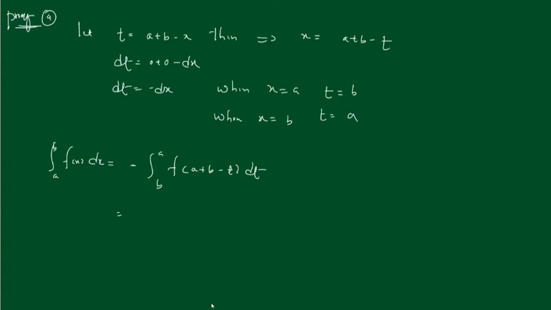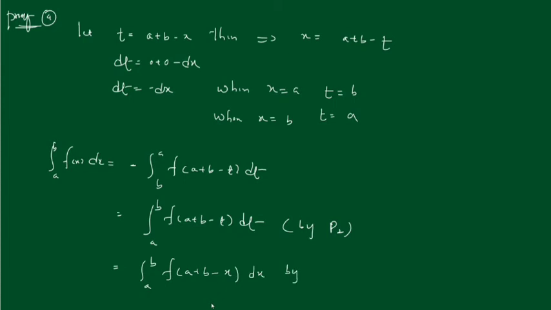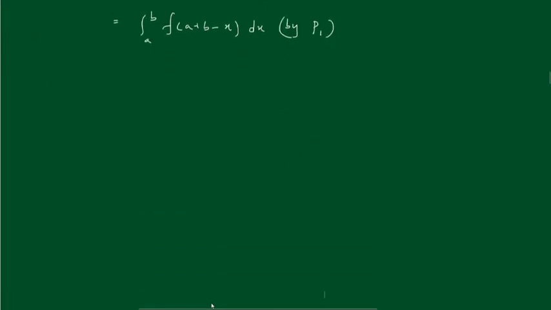So again, which equals, interchanging the limits here, the sign changes, f of a plus b minus t dt by property 2. So again, integration a to b of f of a plus b minus x dx by the first property, just a change in variable. Hence we have the proof for this one. So next, see the fifth property proof.